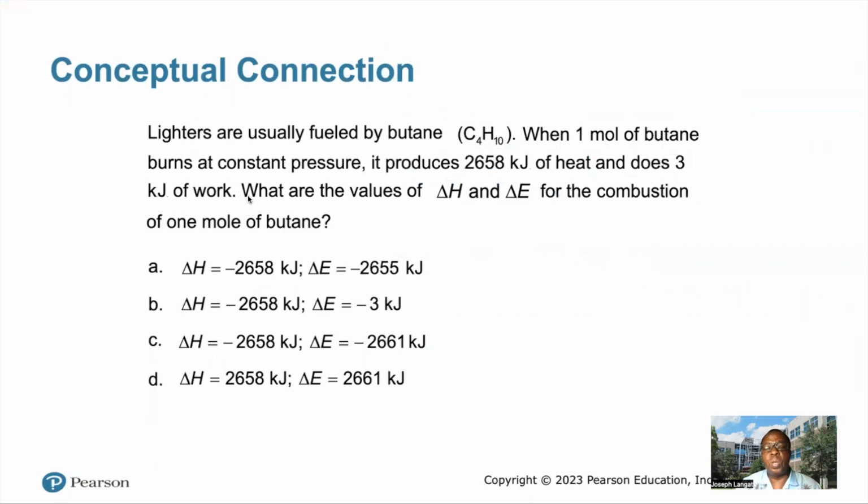So the system is doing work, and at the same time, it is releasing heat to the surroundings. What are the values of the change in enthalpy of the reaction? This is just the heat released. And what is the change in internal energy for the reaction?